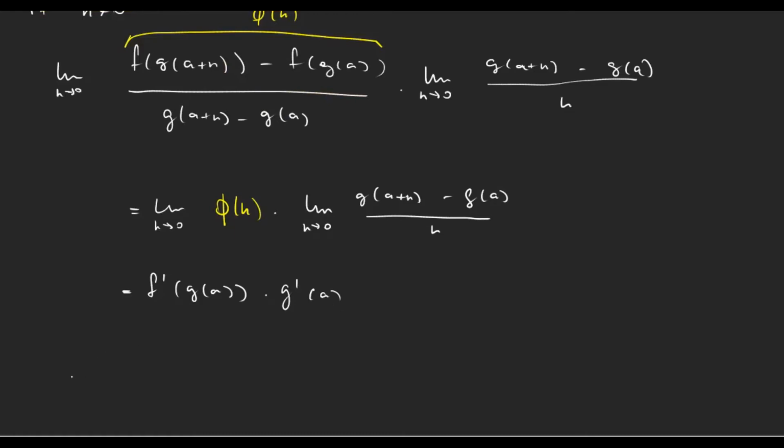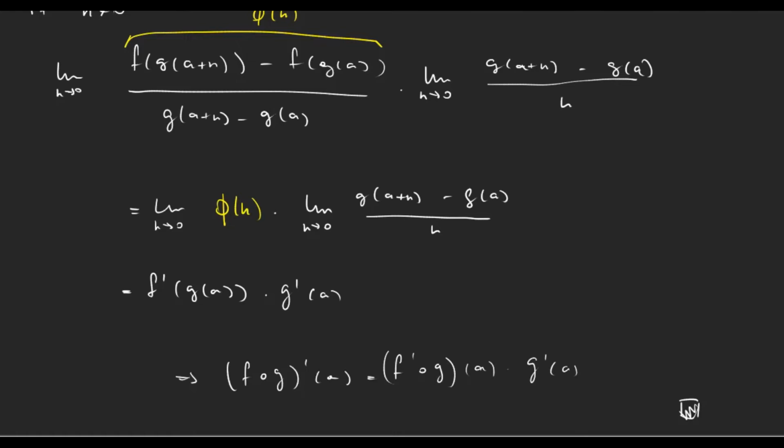And that is the chain rule. So this is telling us that the derivative of the composition is going to be f prime composed with g in the point times g prime at that point. And this is the very well-known chain rule.